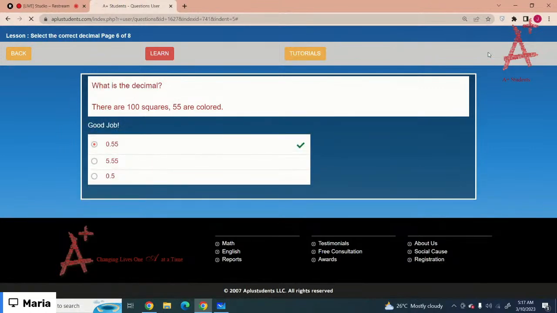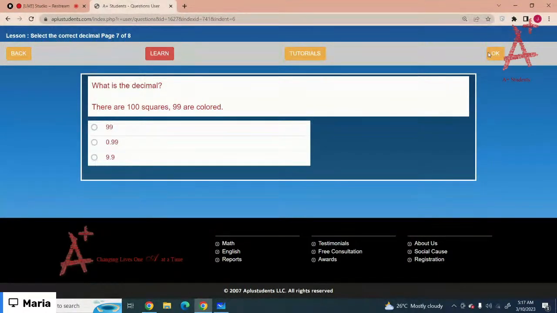Okay. The next one is what is the decimal? There are 100 squares, 99 are colored. Don't worry, you have different counts of students. So there are 100 squares, 99 are colored.